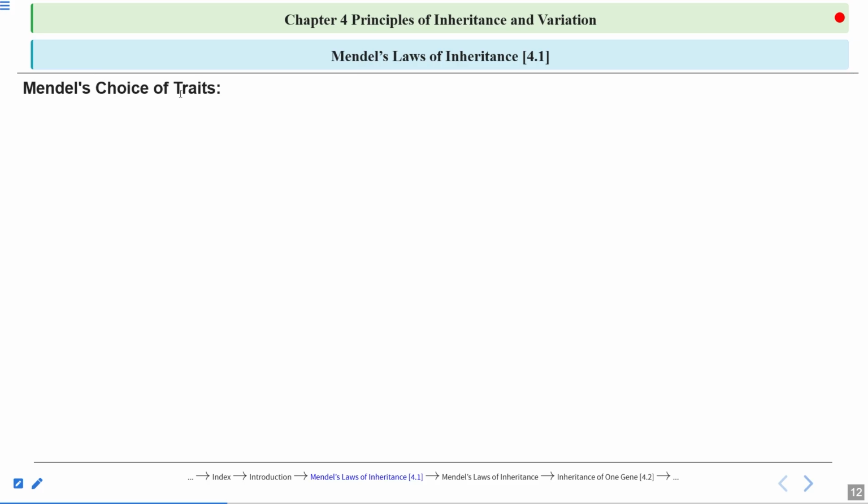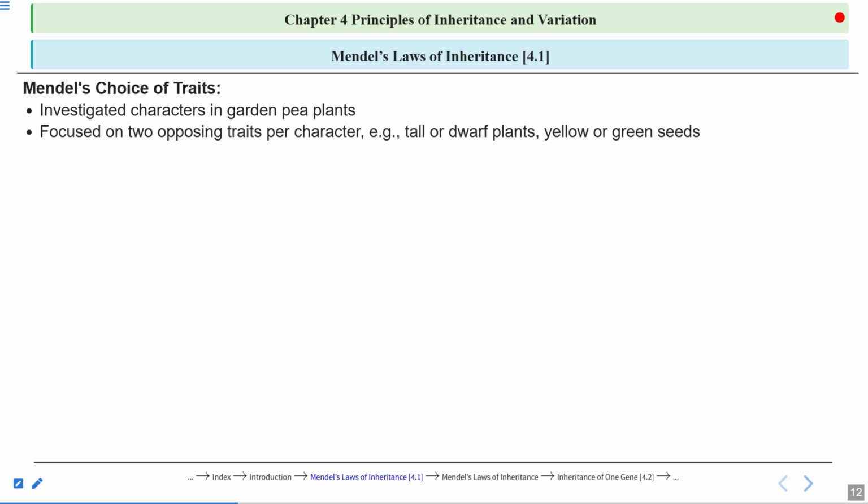Now, first let's discuss Mendel's choice of traits. Mendel chose 7 pairs of contrasting characters. Mendel investigated characters in the garden pea plant, so he was working on the garden pea plant. He focused on, or you can say he was studying, 2 opposite traits per character. Means each character had 2 opposing phenotypes.